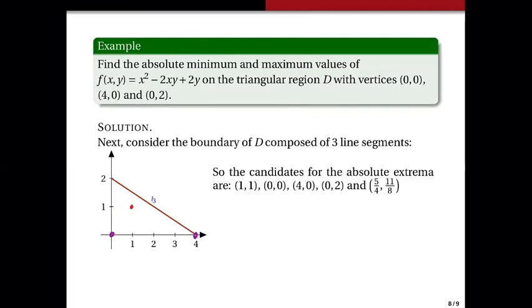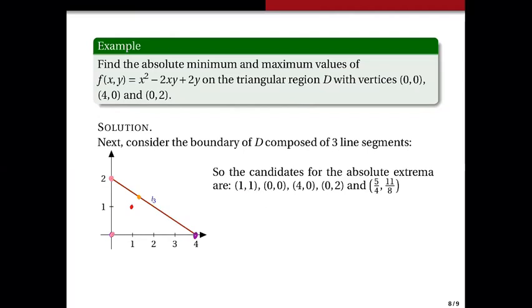We also have 0, 0 and 0, 2 from line L2. And then finally, we have the 5/4, 11/8. So you have these points.